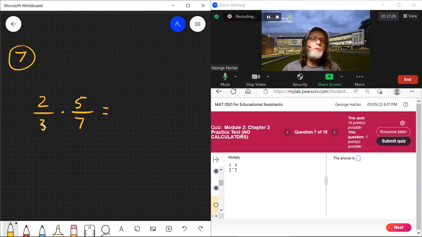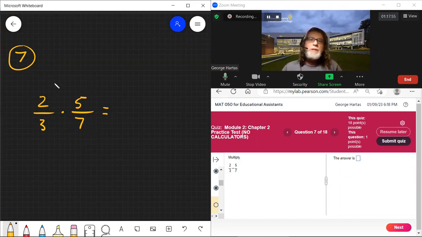Is there a number that divides into 3 and 5? Nope. Finally, you look the other way diagonally. Can 2 and 7 reduce? No. So to reduce before you multiply, you look up and down and diagonally. You do not reduce side to side. You only multiply side to side.